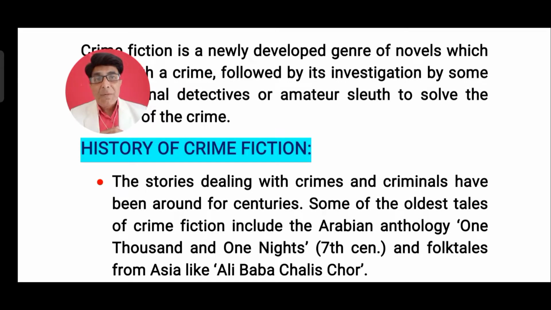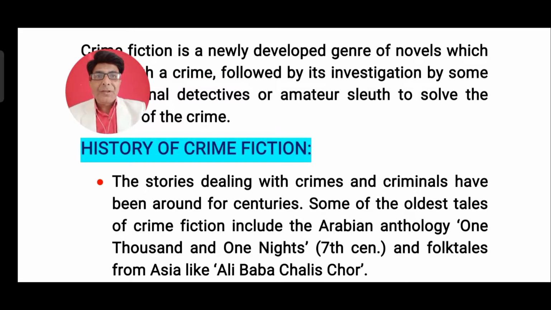What is the history of crime fiction, or how did it actually come into existence? For that, you need to go back in the past. If you see the olden literature, even the 17th century 1001 Nights Arabian anthology can be termed as crime fiction, because in those stories also we come across some criminals committing some crimes and some other people trying to solve the mystery of the crime.